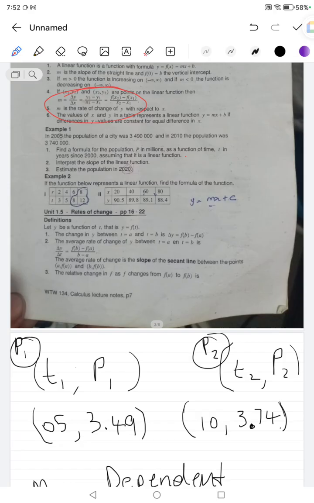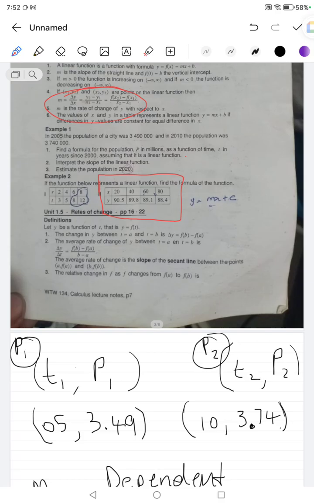You can use any of the values in this table. Let's assume the 20 is your x1 and the 40 is your x2.